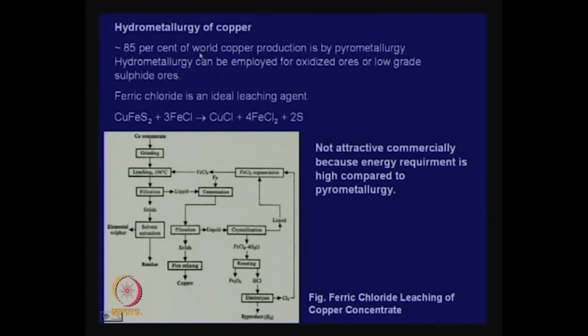But then hydrometallurgy can also be employed in extraction of copper, and for that the common process is ferric chloride leaching of copper pyrites to take copper into solution, and then that will become our starting point. I will come to that in the next lecture, but in passing I will just mention one thing.